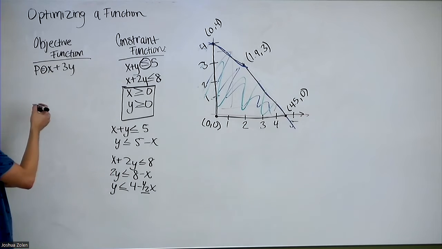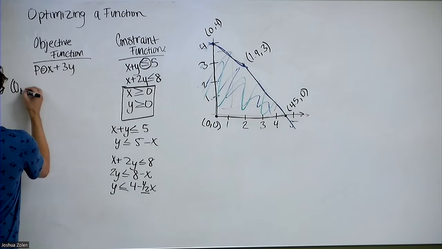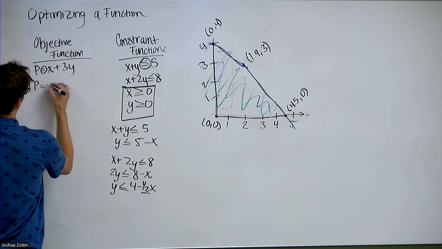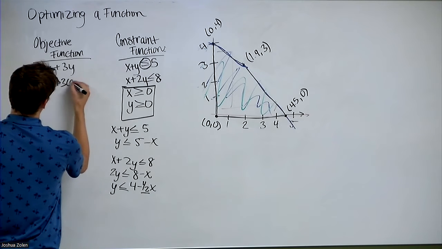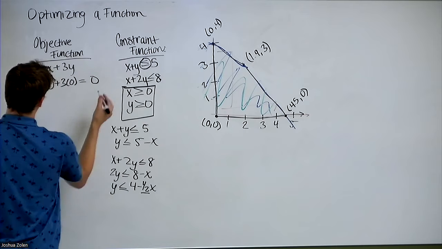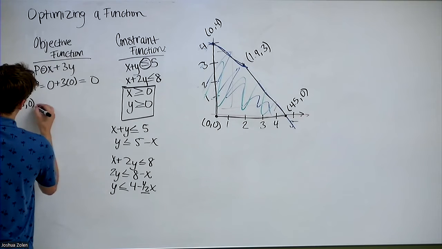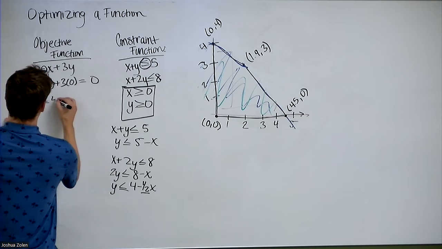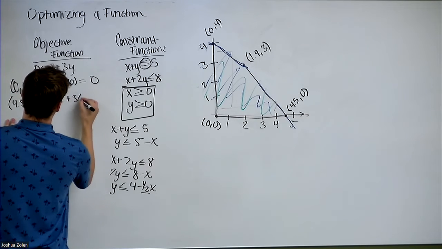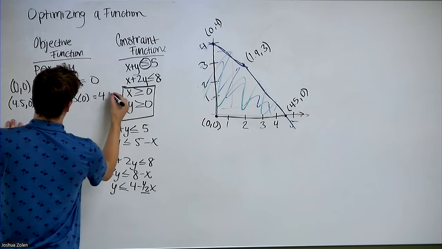So let's do that for all of these. So 0, 0, p is equal to 0 plus 3 times 0, and that's equal to 0. With 4.5, 0, p is equal to 4.5 plus 3 times 0, and that is 4.5.